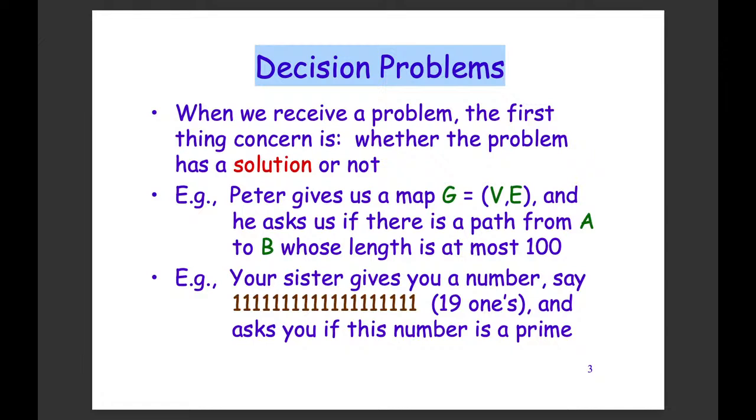I just tell you one of the factors of n, and then you can check whether n can be properly divided by this factor. So the opposite is polynomial time verifiable. We are also interested in this type of problem.